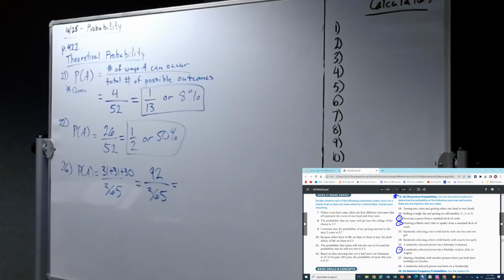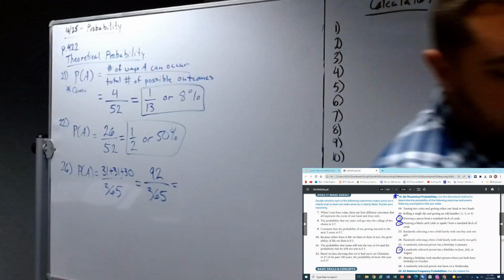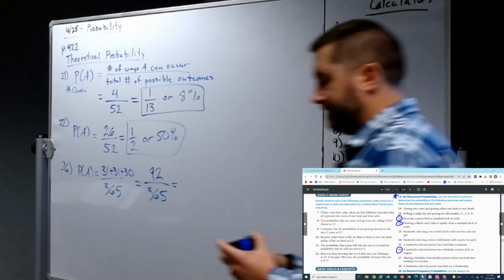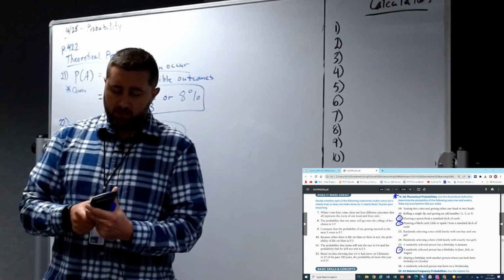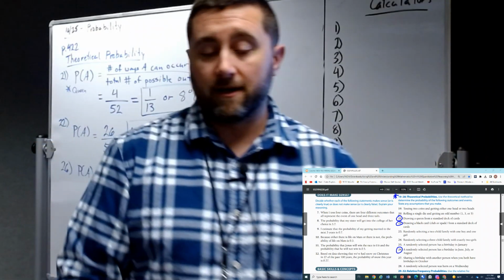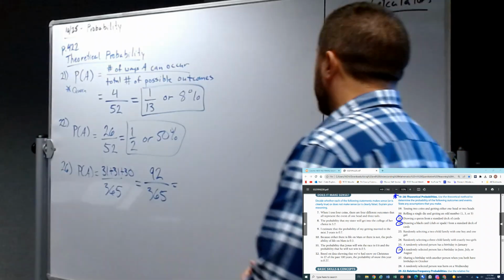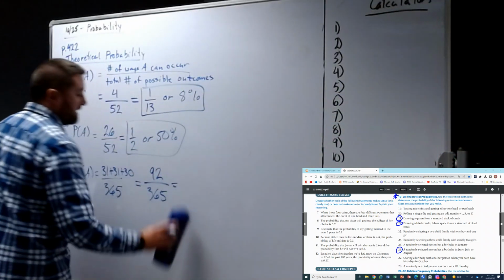There's a quick way to tell. If you have this calculator, you do 92 ABC 365 and you hit enter, and if you get the same exact thing, not going to reduce. 92 over 365 is as far as it's going to go.